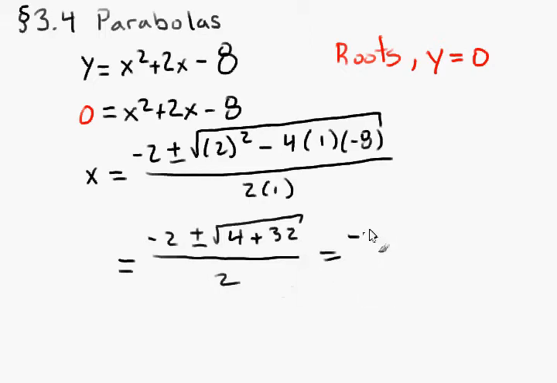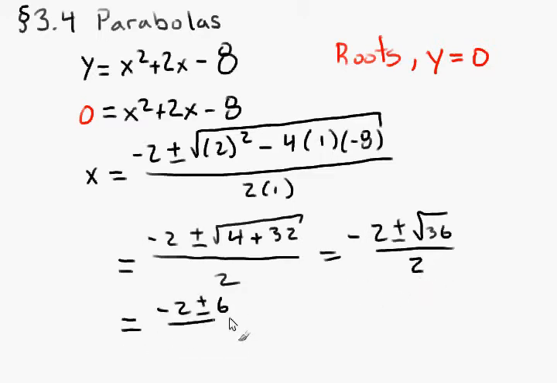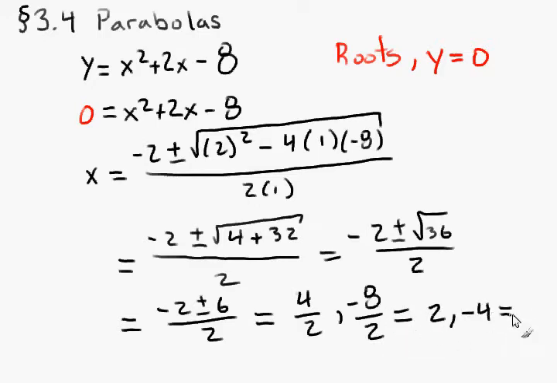This is minus 2 plus or minus the square root of 36 over 2, which is minus 2 plus or minus 6 over 2. So this is 4 halves and negative 8 halves, which reduces down to 2 and negative 4, and those values of x are the roots of this parabola.